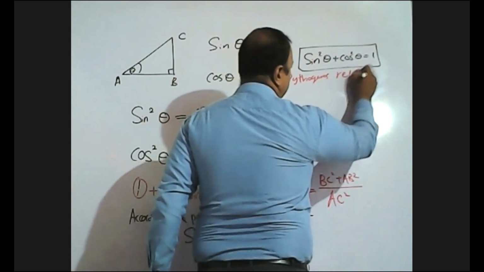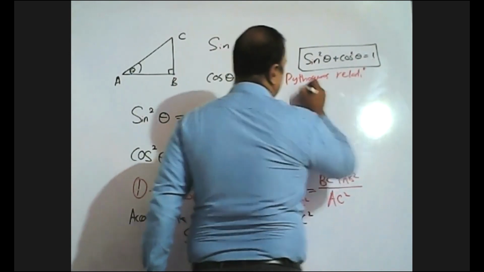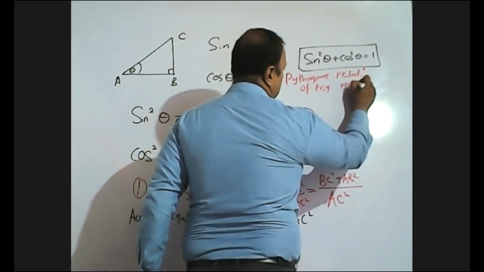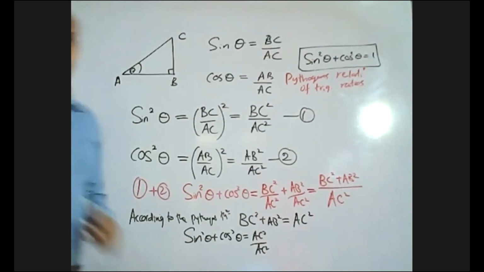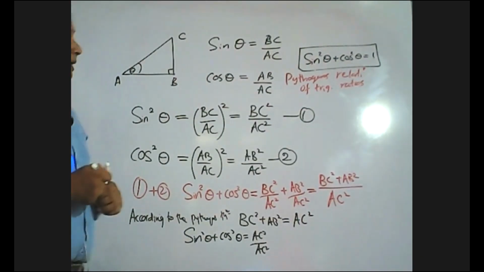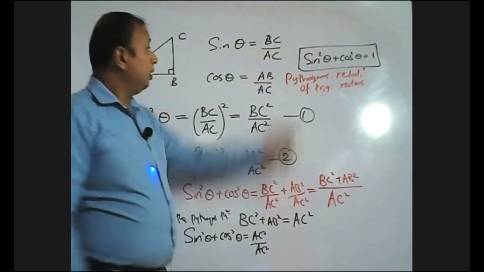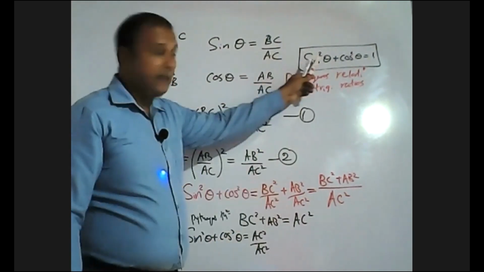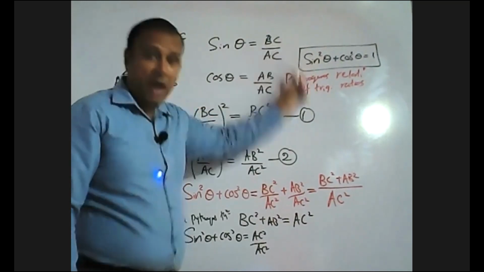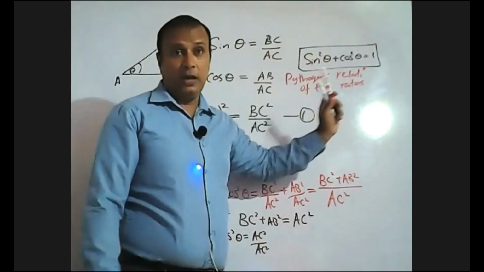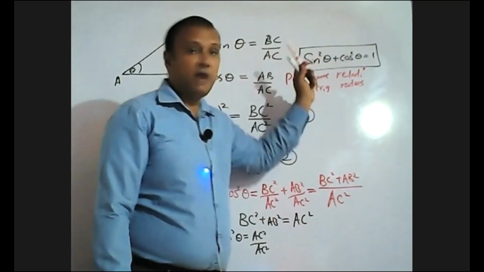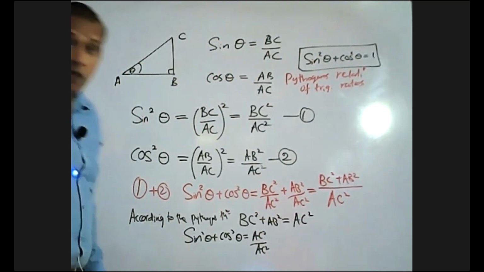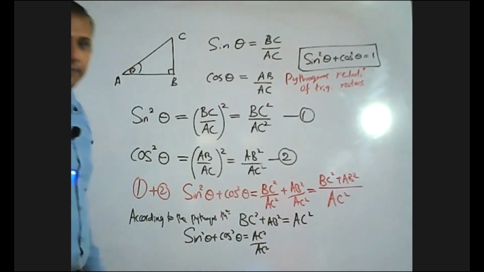If you are given any angle, the square of the sine value plus the square of the cos value is equal to 1. Sine square theta plus cos square theta equal to 1.